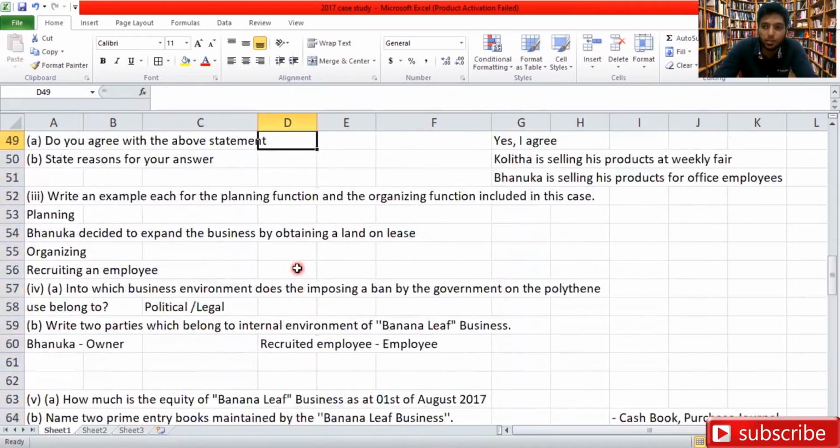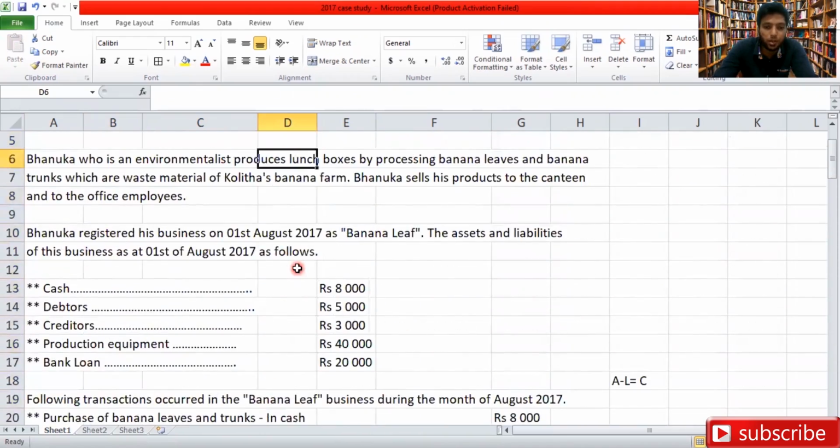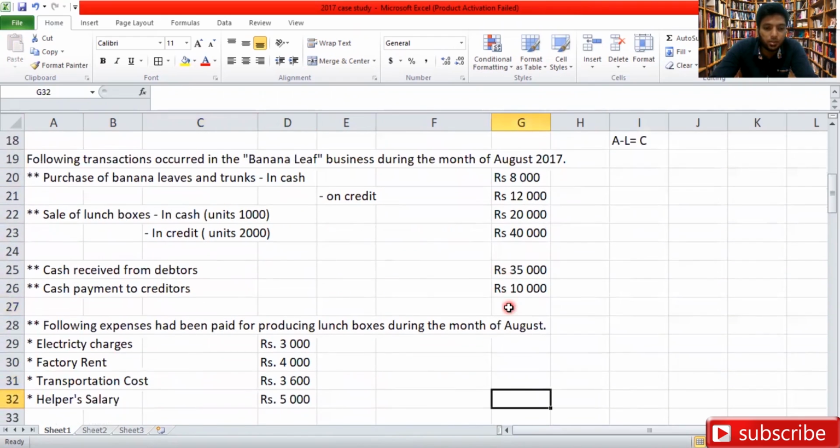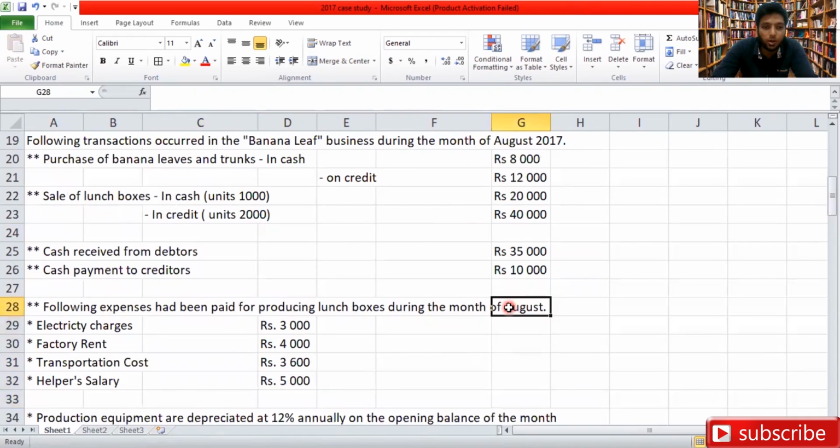I need to know what are the cash debit transactions and what are the cash credit transactions. Now if you see here, sale of lunch boxes in cash is a debit transaction. Cash received from debtors is a debit transaction. And there's no other money received. All others, cash payment to creditors, purchases, are money going out of the business.